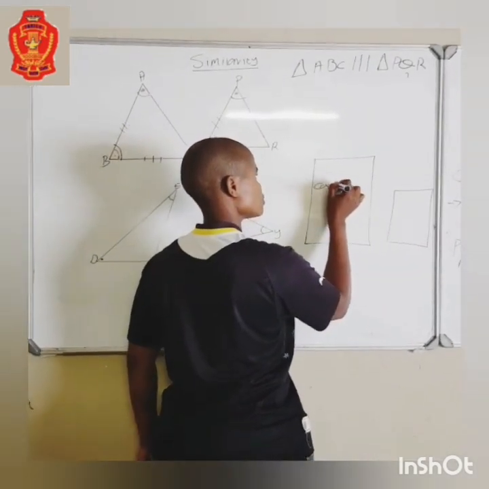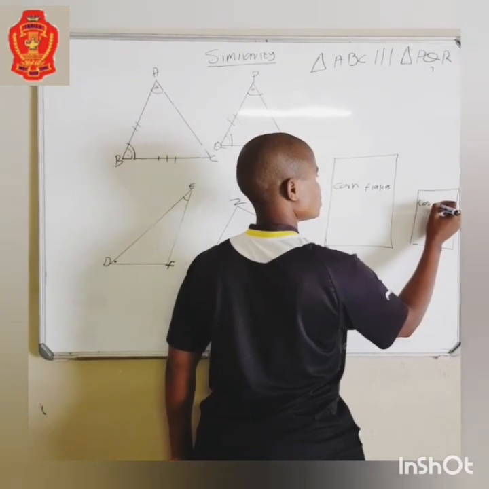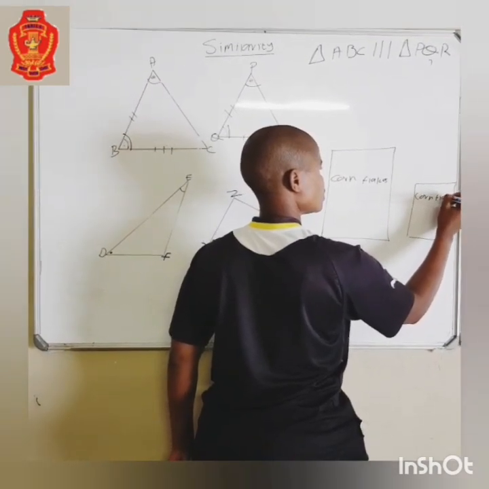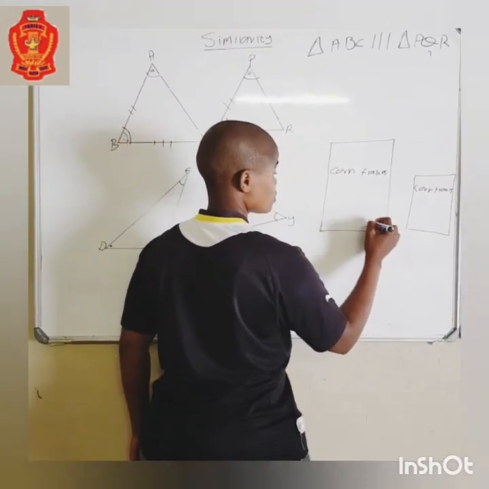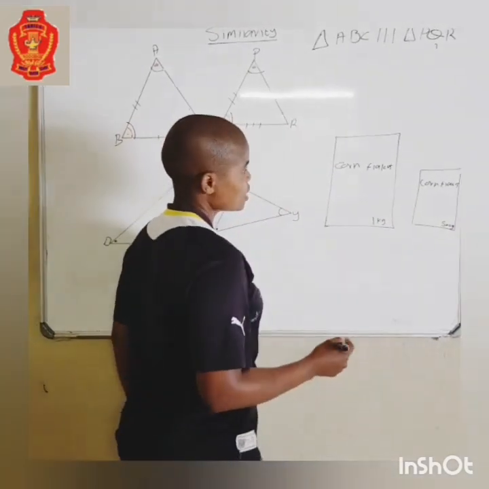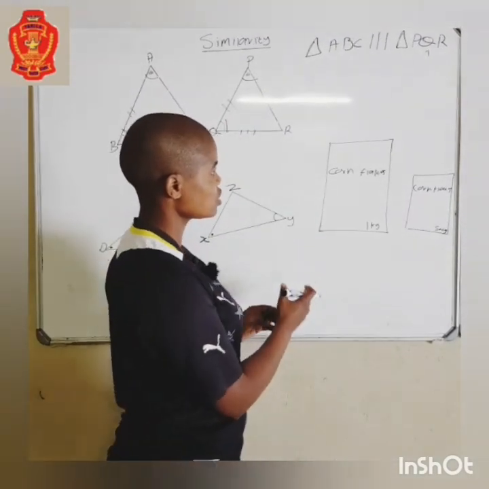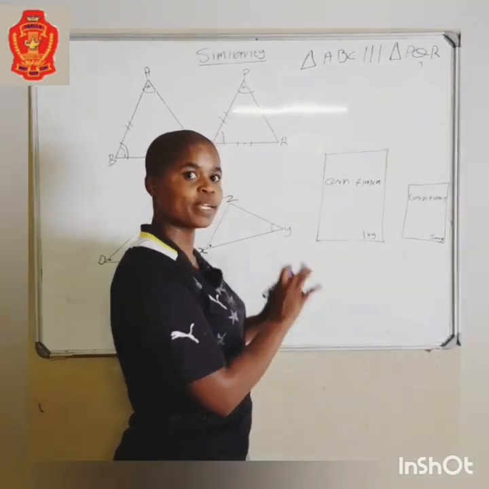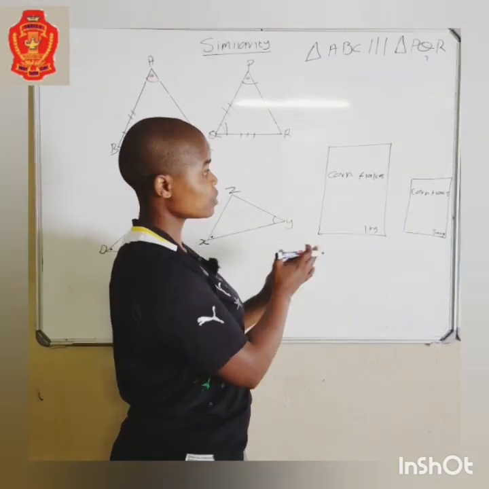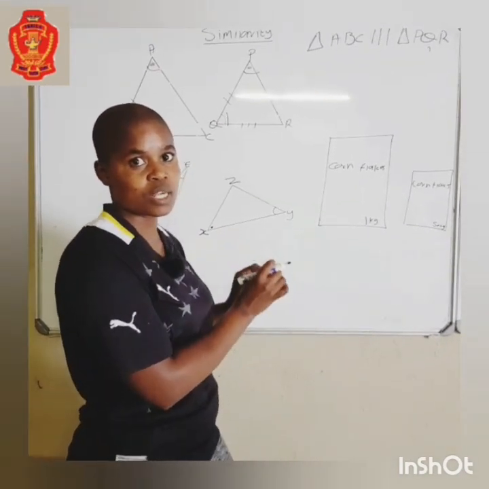Of course, it's cornflakes. So this one is 1 kg and this one is 500 grams. So basically, these two things are similar. The difference is just the size of the two, but the branding and everything and the product inside is similar. So basically, this is what we mean when we say things are similar.